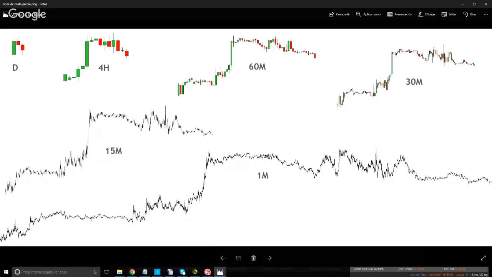So with this trading method, you are looking to accumulate the largest number of pips that you can. And for that, if necessary, you go into the 1 minute chart, if necessary.